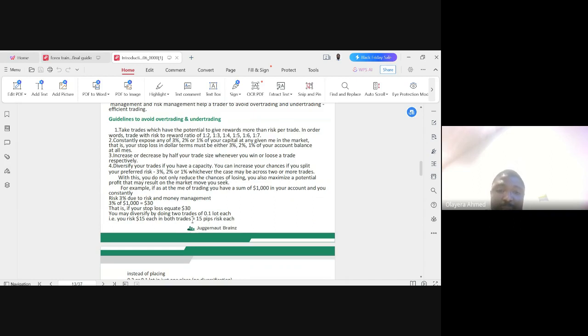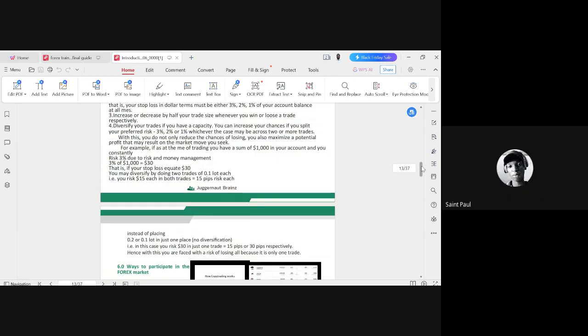So that means 15 pips risk each. So instead of placing 0.2 lot in just one place, instead of doing it without diversification, you understand exactly.